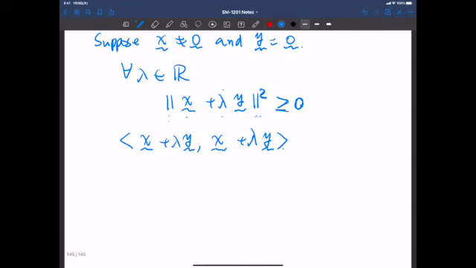And we have distributive laws for scalar product, so we can distribute this: x times x, x times lambda y, lambda y times x, and lambda y times lambda y.